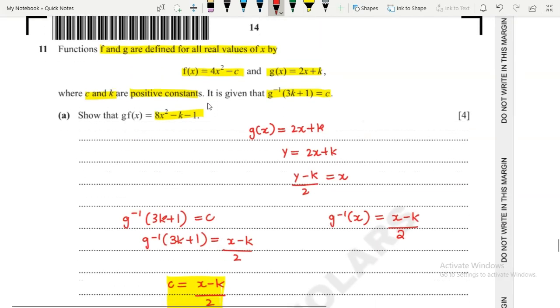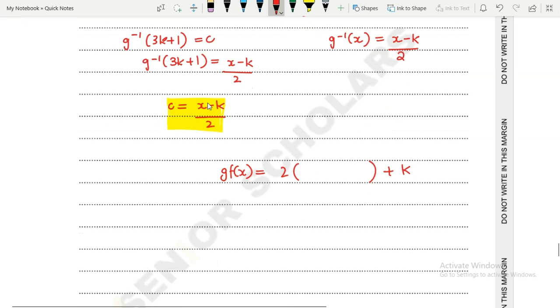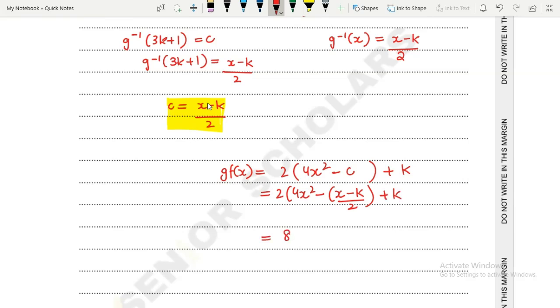So 2 into 4x squared minus c, where c is x minus k over 2, plus k. Then it becomes 8x squared minus, the 2 and 2 cancel when the 2 multiplies with x minus k, so minus x plus k, plus k.